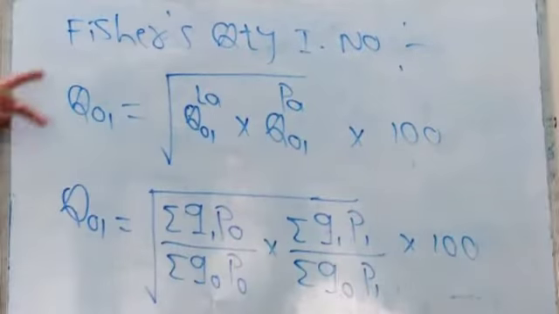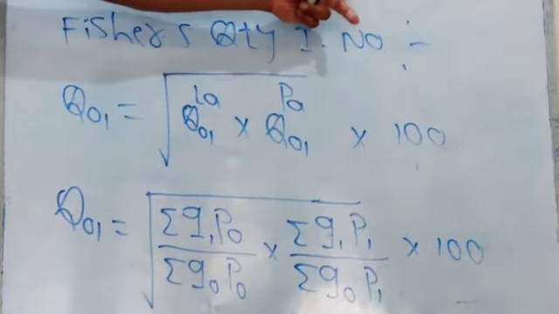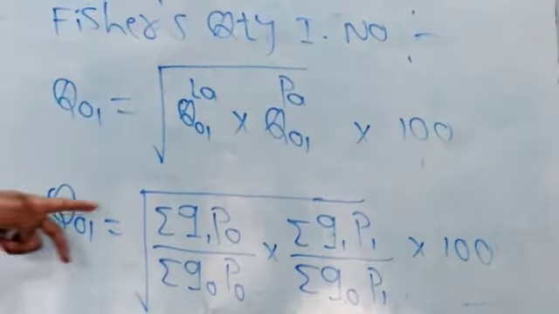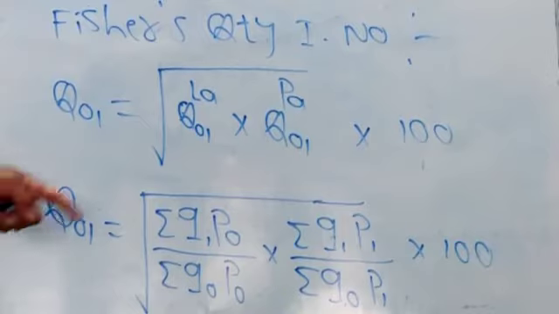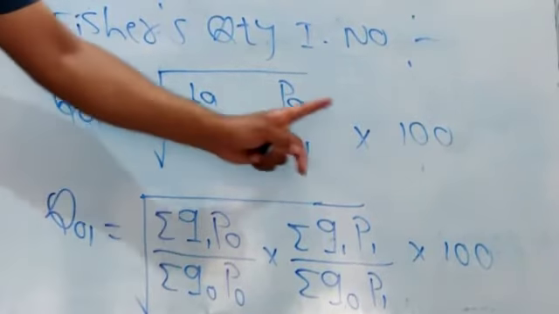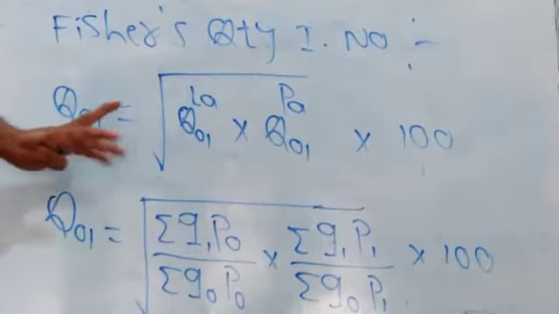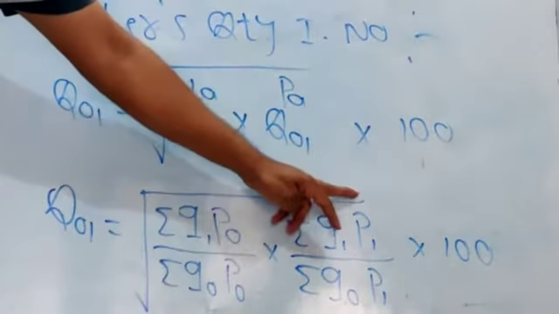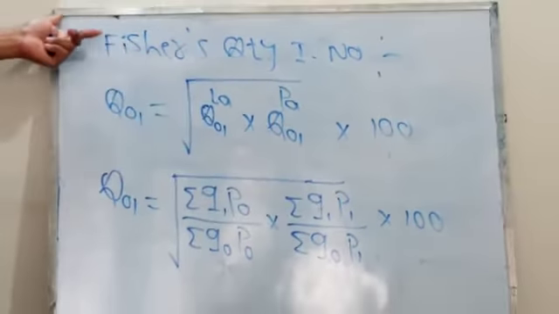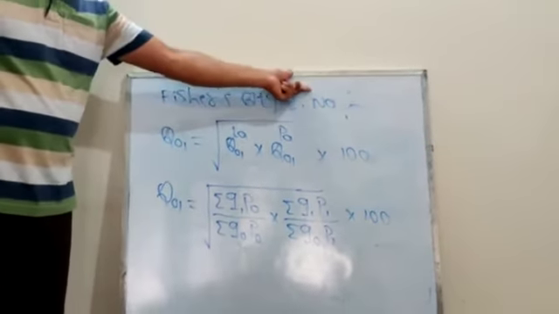This is Fisher's quantity index number. In this case, the weights are assigned as base year and current year prices.